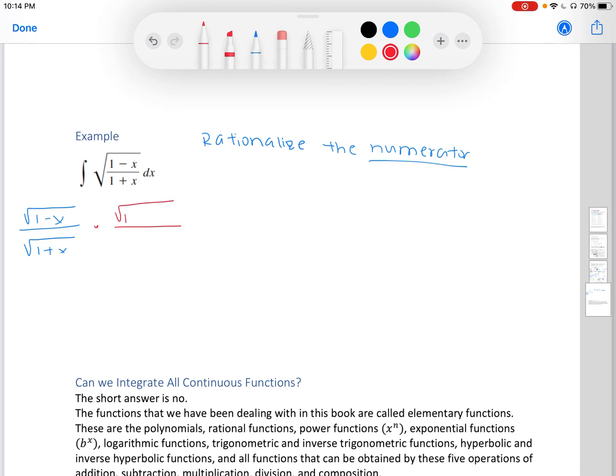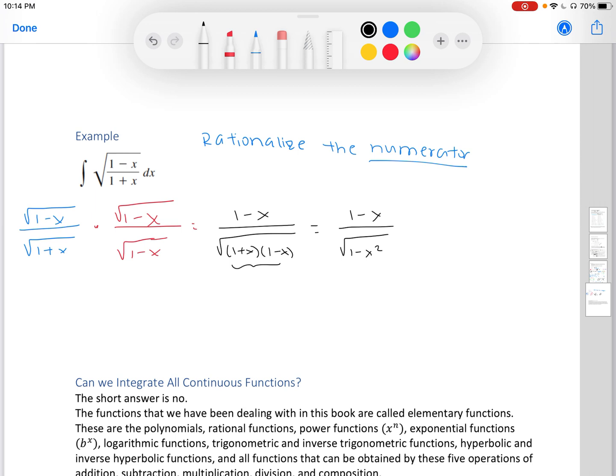So we have the square root of 1 minus x, the square root of 1 minus x, so that we have 1 minus x times the square root of 1 plus x, 1 minus x. Notice the difference of squares. And so we're left with 1 minus x divided by the square root of 1 minus x squared.